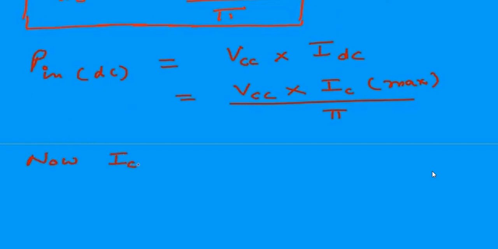Now you know that there is a relation between the RMS, root mean square, value of current and the peak value of current: the peak value of current divided by root 2 becomes the RMS current.